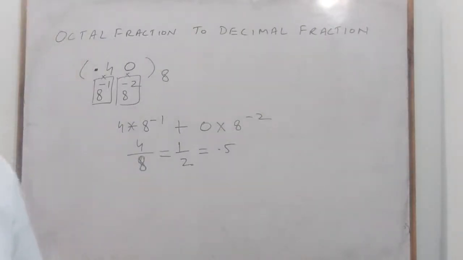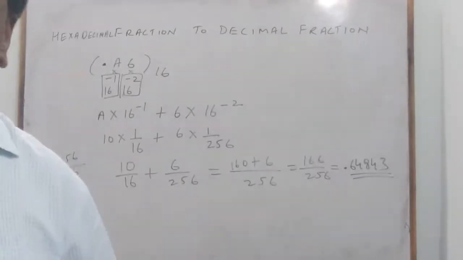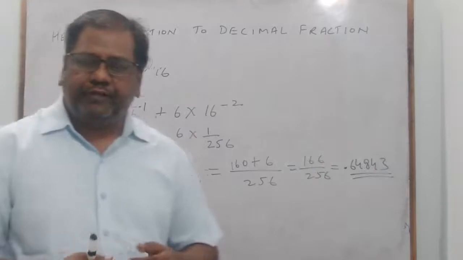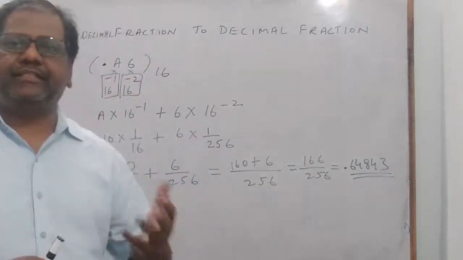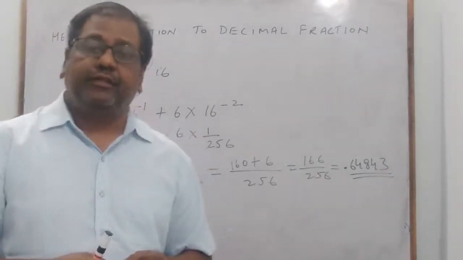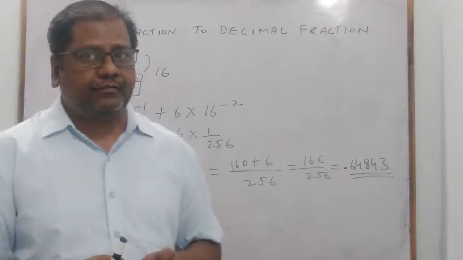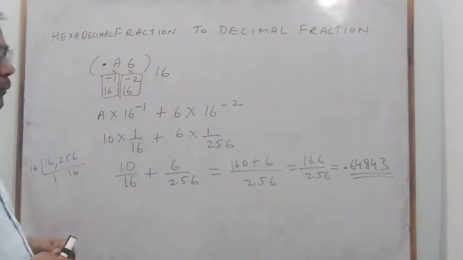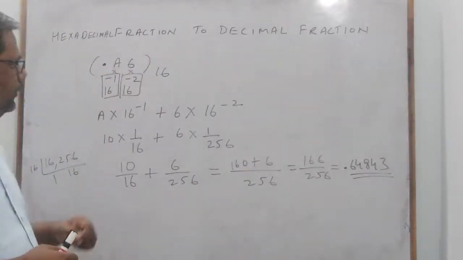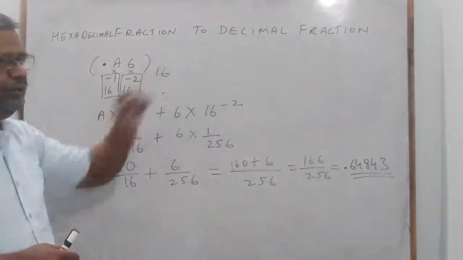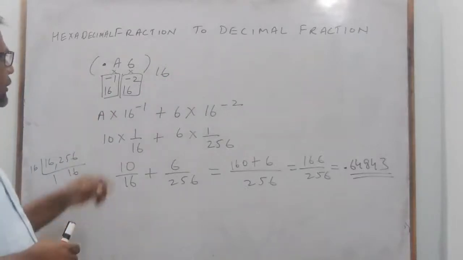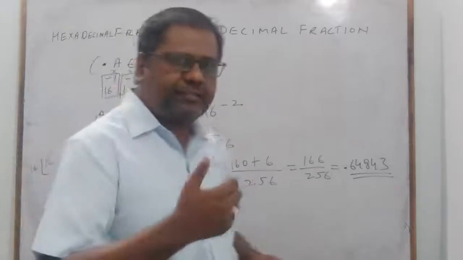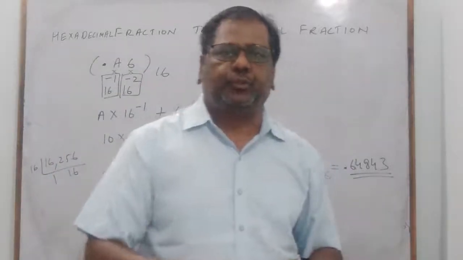In the next one, what we will do? Now, the next one is when we are trying to convert a hexadecimal fraction into a decimal fraction. So we are taking the value 0.A6 to the base of 16, and you want to convert it into a decimal fraction. Again, the positions are taken from left to right and referred to as -1, -2, -3 and so on.